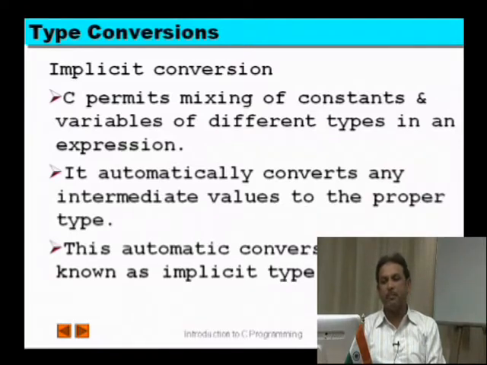C permits mixing of constants and variables of different types in an expression. We can have one variable of type integer, one of type float, or one of type double. Depending on our application, it automatically converts any intermediate values to the proper type.